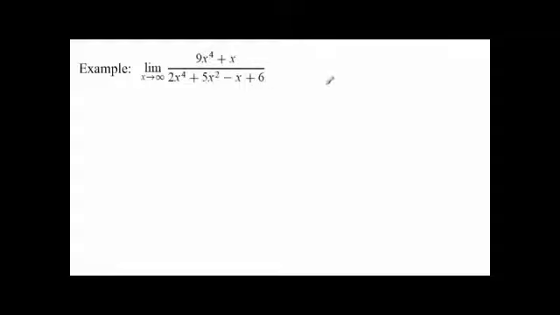Now, whenever you are dealing with limits as x is tending to plus or minus infinity, we must not lose sight of the fact that if we've got an expression 1 over x, which we know is a hyperbola, then as x in this expression is tending to plus or minus infinity, this expression will tend to 0.